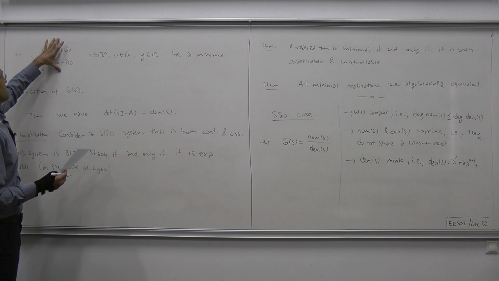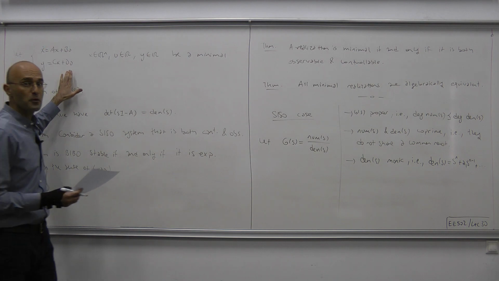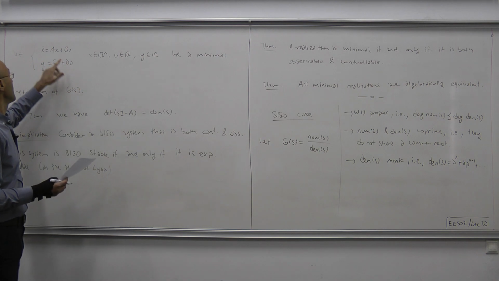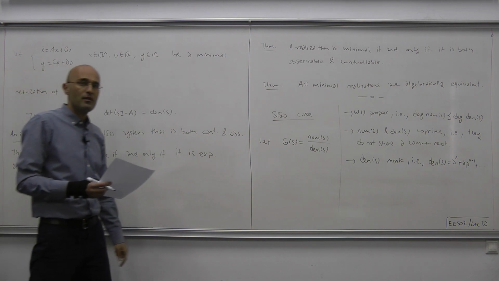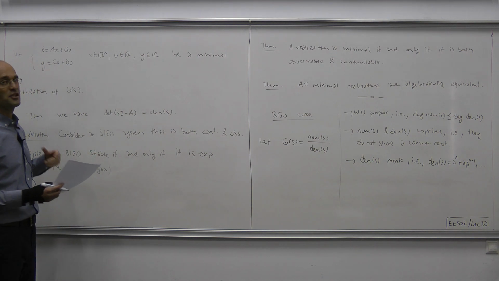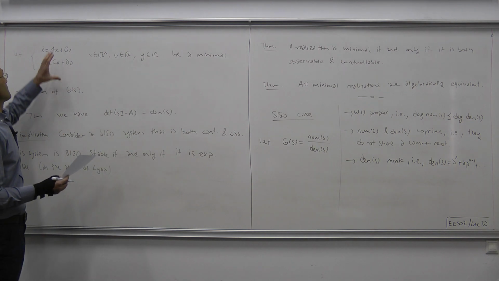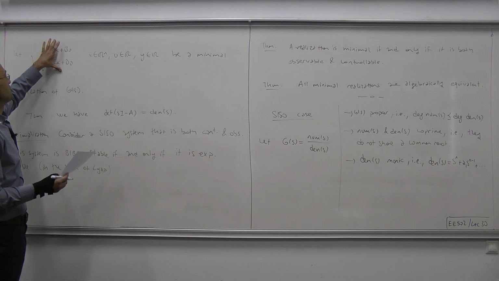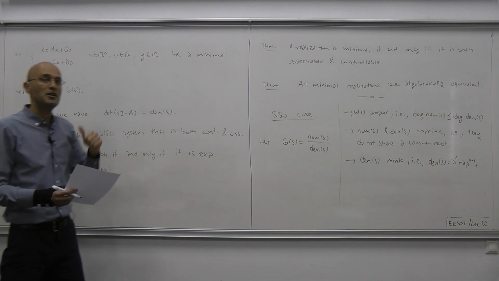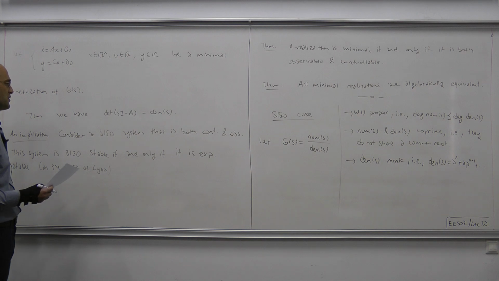We said this system is bounded input, bounded output stable if all the eigenvalues of A are with strictly negative real parts. But that, we said, is just a sufficient condition, because there exist cases where the system is not exponentially stable in the sense of Lyapunov, and we still have bounded input, bounded output stability.